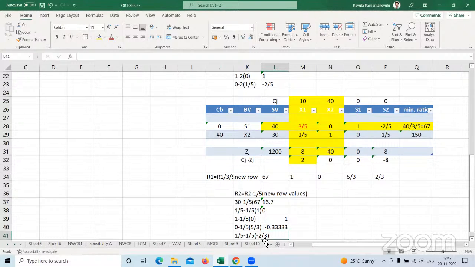So 3 plus 2, 5 by 5, that is 5 by 15, that means 1 by 3 only.